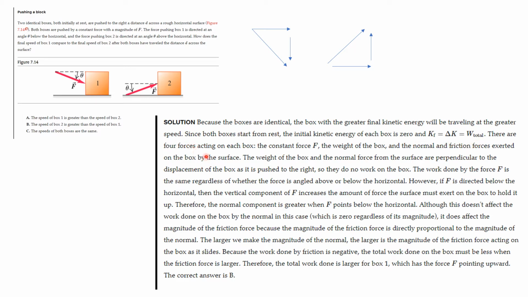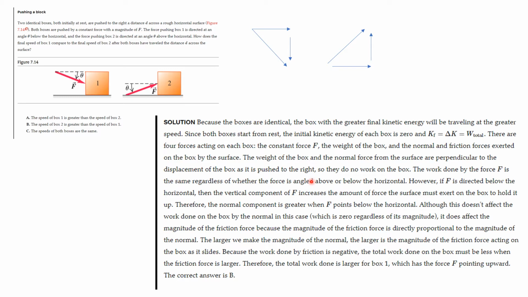Now there are 4 forces acting on each box: the weight of the box, the constant force, and the normal and friction forces exerted on the box by the surface. The weight of the box and the normal force from the surface are perpendicular to the displacement of the box as it is pushed to the right, so they do no work on the box.